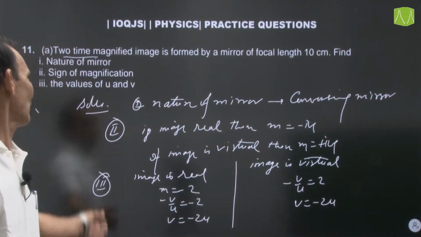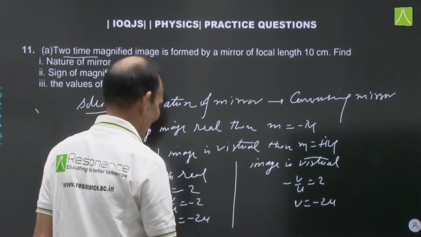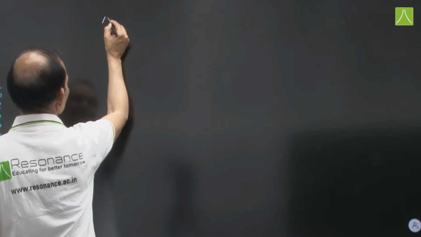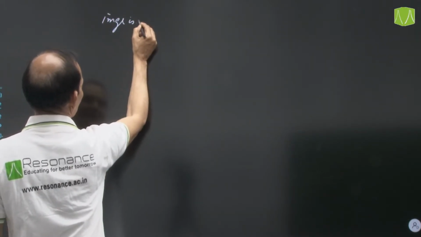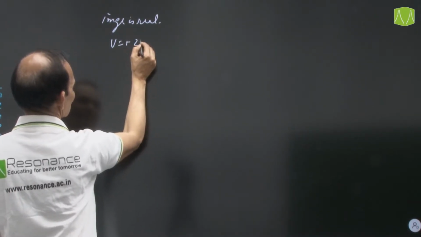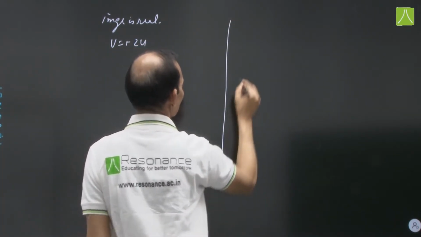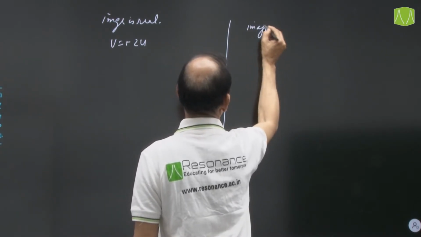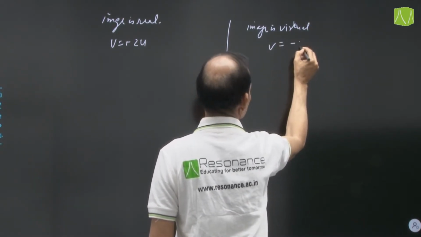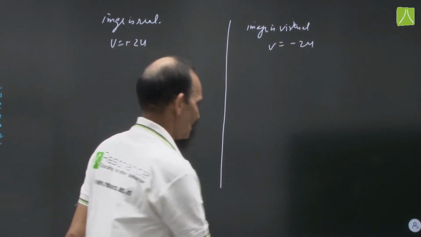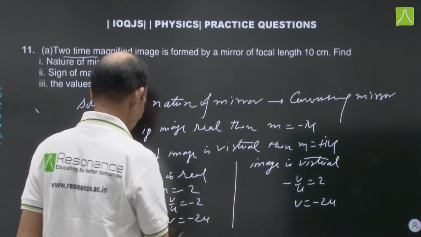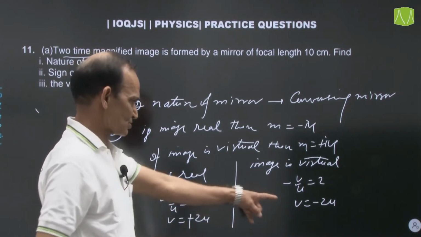You have to find the value of U and V both. Okay, next. First part, image is real. Now you found that V is equal to plus 2U, and the image was virtual, V is equal to minus 2U. Is it clear? You can check if you want. Look, minus 2U, it is plus 2U, what is minus 2U?